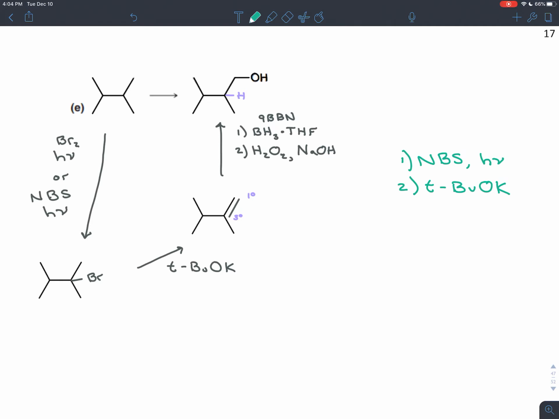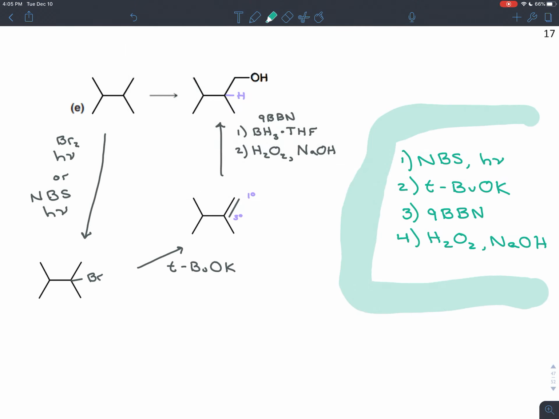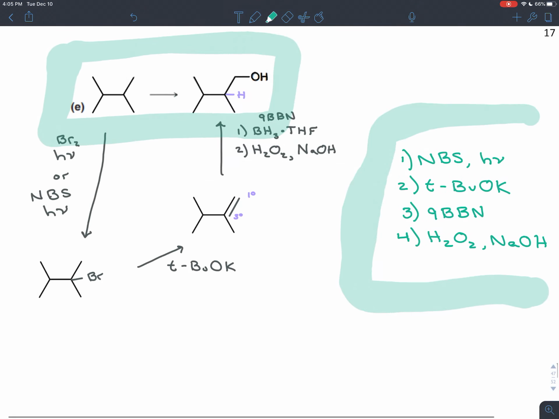That's anti-Markovnikov addition of H and OH. That's hydroboration oxidation. In the first step, you'd use something like 9-BBN, and then in the second step, you'd add hydrogen peroxide and sodium hydroxide. And so this recipe will achieve this transformation.